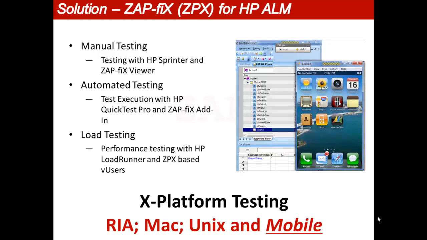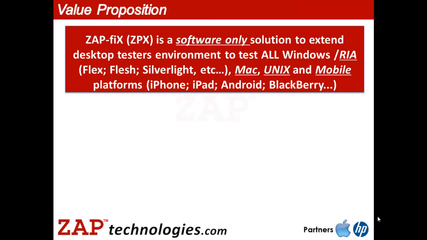But most importantly, ZAP-FIX offers cross-platform testing on rich internet application, Mac, Unix, and mobile platforms. ZAP-FIX is a software-only solution to extend the desktop tester environment to test all Windows and specifically rich internet applications such as Flex, Flash, Silverlight, and others, Mac, Unix, and real mobile devices such as iPhone, iPad, Android, BlackBerry.